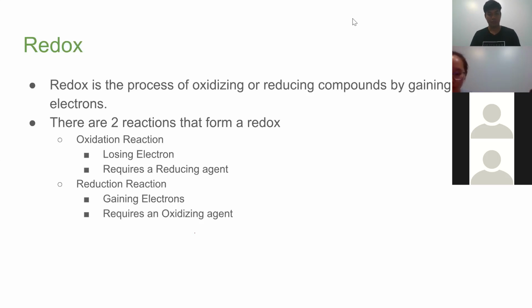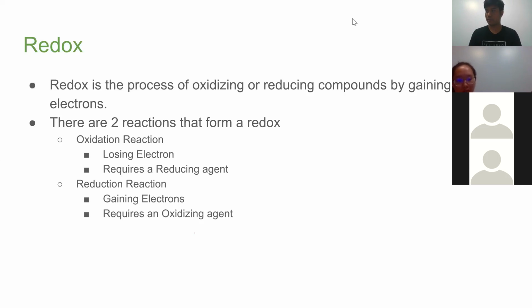So how I remember them was OIL RIG. OIL, which is oxidation is loss, and RIG, which is reduction is gain. If that makes sense with everyone.